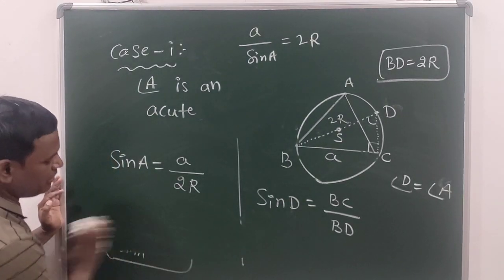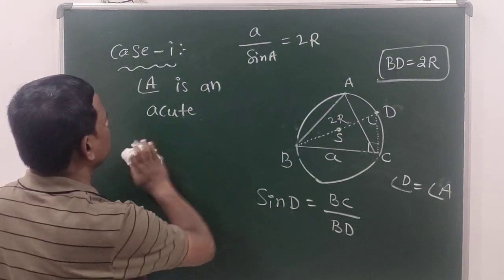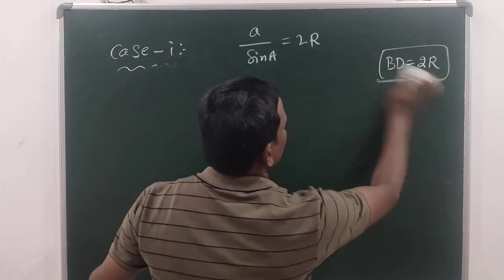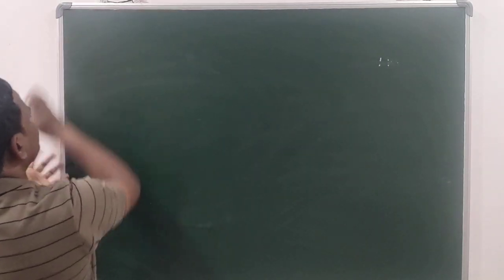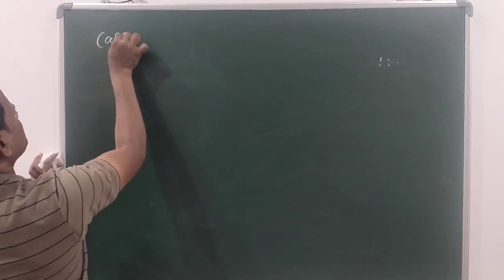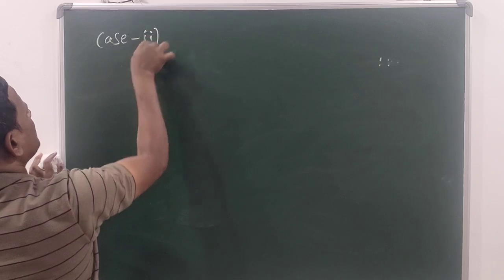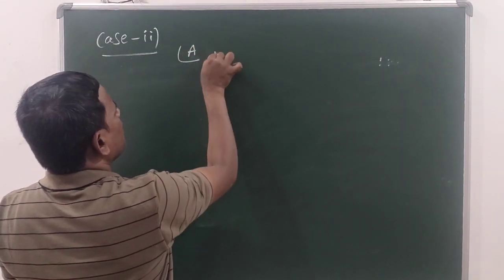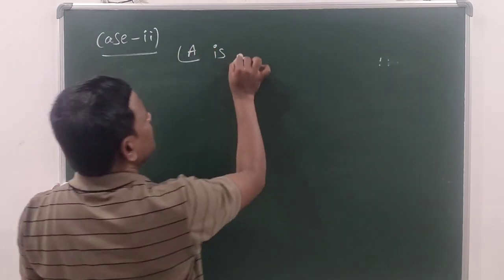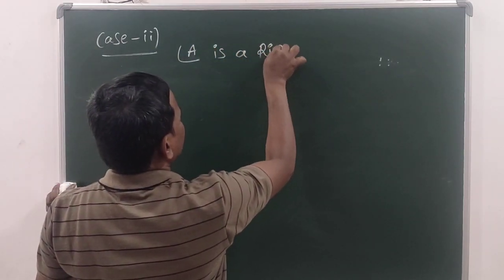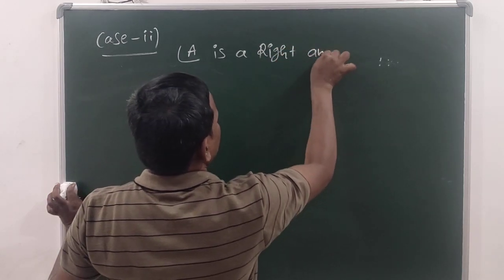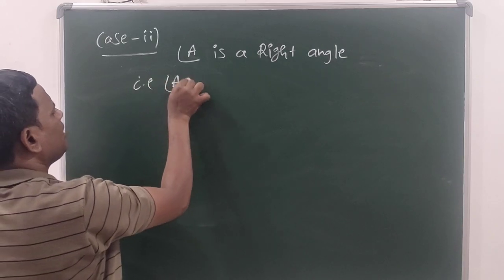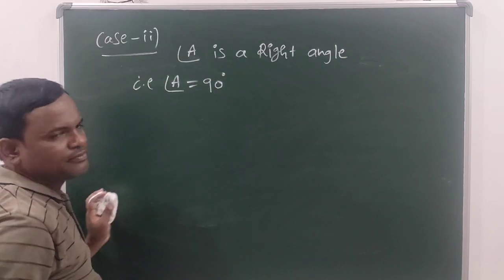So see students, now let us go to case 2. In case 2, I am considering angle A is a right angle, that is angle A equal to 90 degrees.